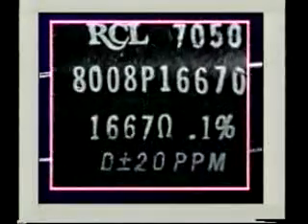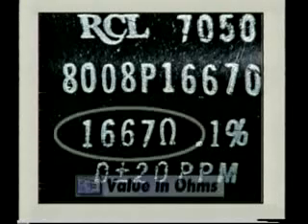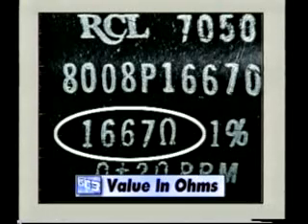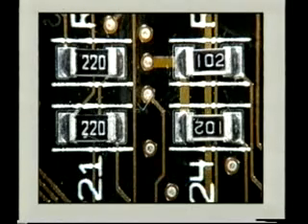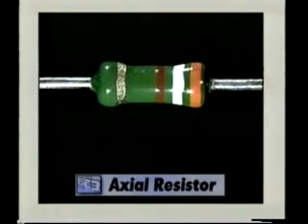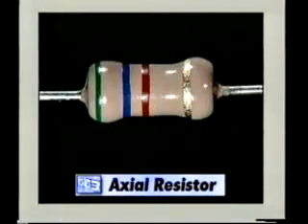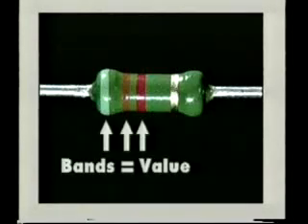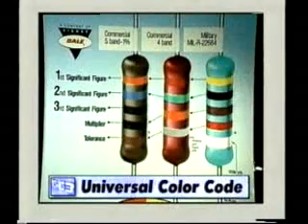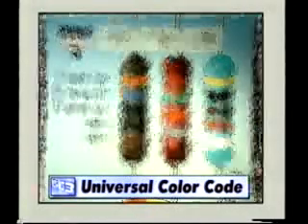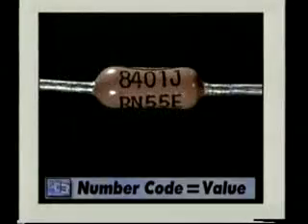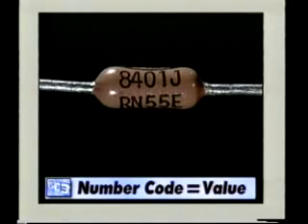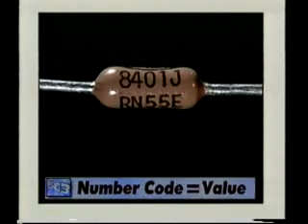Wattage is the amount of electricity the resistor can handle. The value of a resistor is expressed in a unit of electrical resistance called ohms. Axial resistors will usually have 4 or 5 colored bands, which are read using a color chart telling you what the value of that resistor is. The color band system is called the universal color code. Surface mount chip resistors and some through-hole resistors are number-coded instead of color-coded, with the ohm value and tolerance.